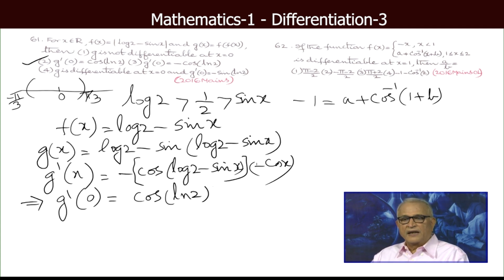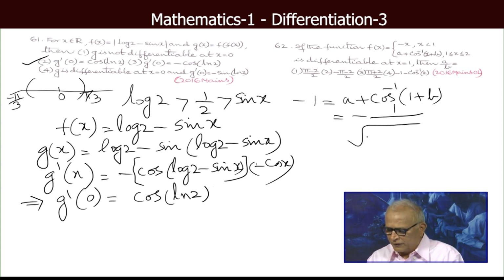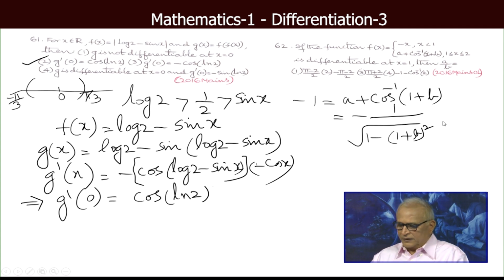The left derivative is also minus 1 at x equal to 1. The right hand derivative is minus 1 by root of 1 minus (1 plus b) whole square. Therefore, when you equate these two, you get root of 1 minus (1 plus b) whole square equal to 1. So, 1 plus b is 0.